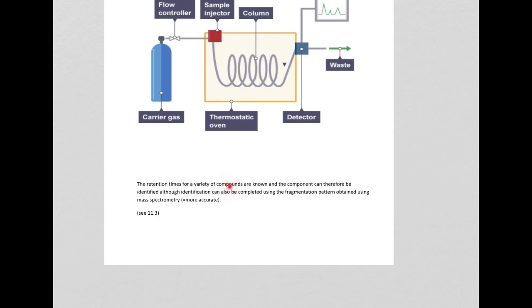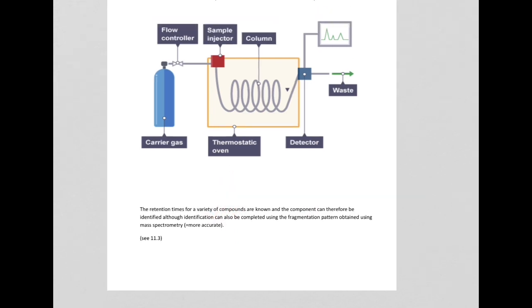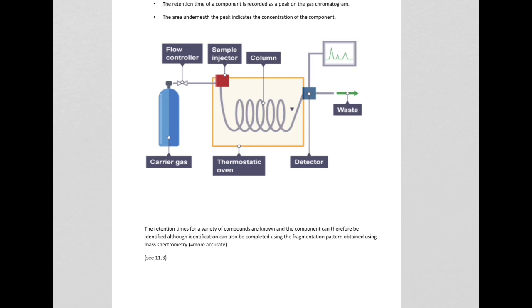If you couple a gas chromatogram with a mass spectrometer, that compound can be further analyzed, and it's going to give you a fragmentation pattern for that particular compound. So then it allows us to identify substances more accurately.